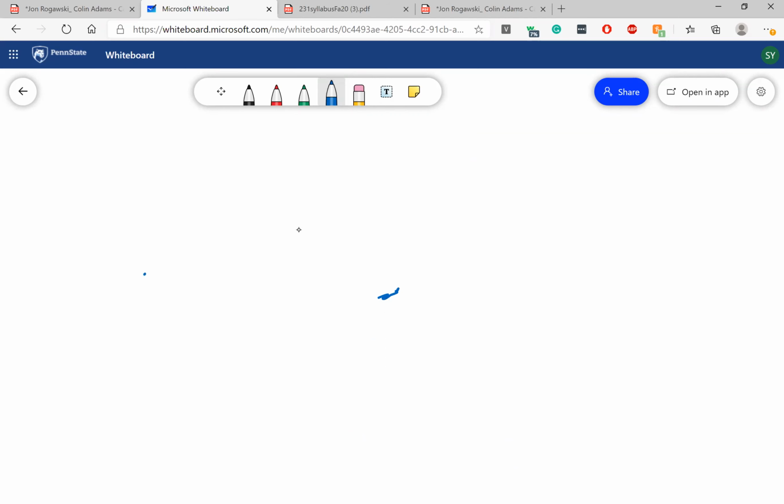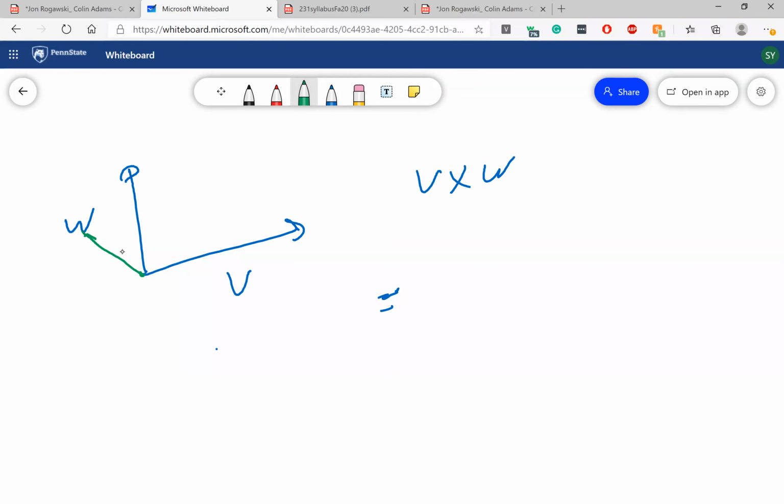You have two vectors. This is your vector v, this is your vector u. Actually, let me call this w. Then the cross product between them, v cross w, is going to give you another vector, and it's going to be the vector orthogonal or perpendicular.